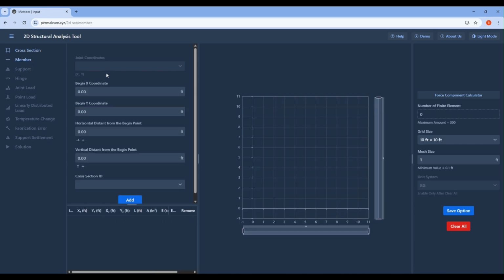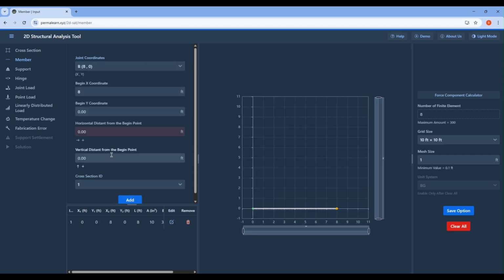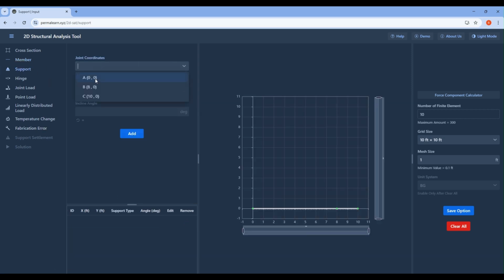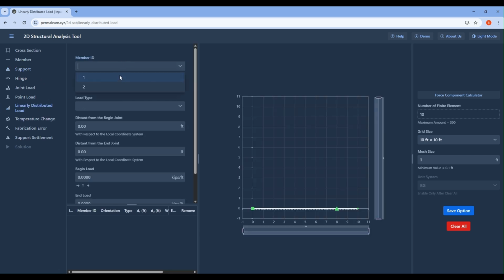Then let's add the member. It's starting from 0, 0 and going to the right 8, cross section ID 1, and from point B to the right 2. And then let's add the support: at A is a fix, and at B is a roller. Now let's add the uniform load.